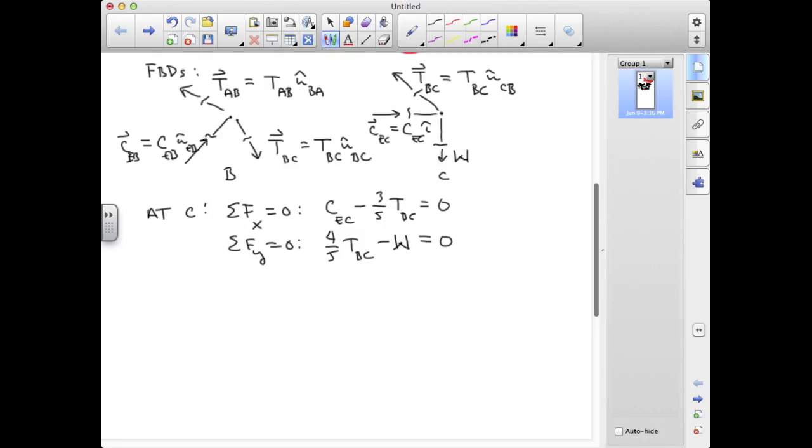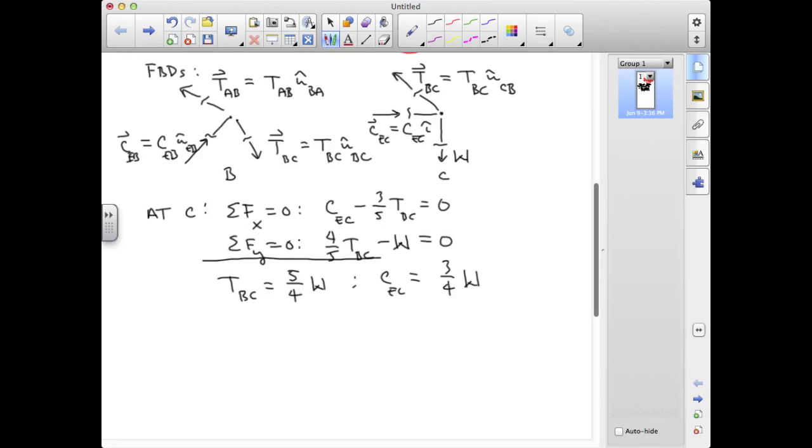And that gives us that the tension in BC is 5/4 of the weight, and the compression in EC is 3/5 of that value, which is 3/4 of the weight.